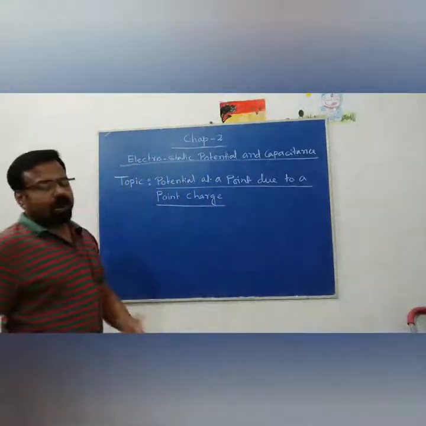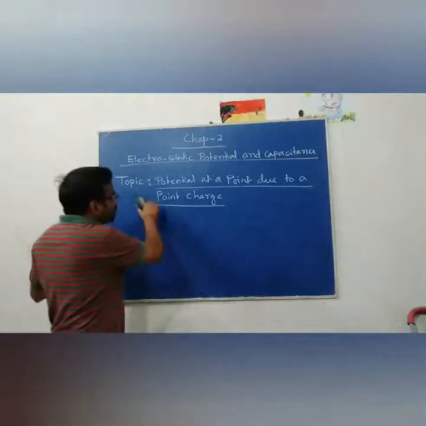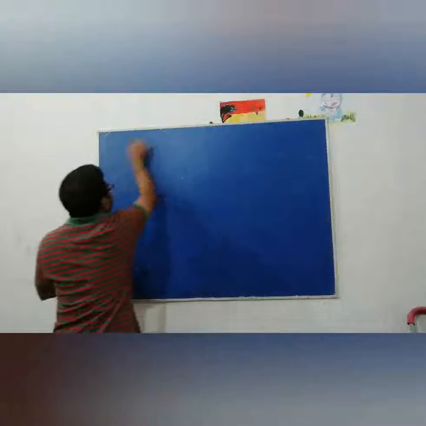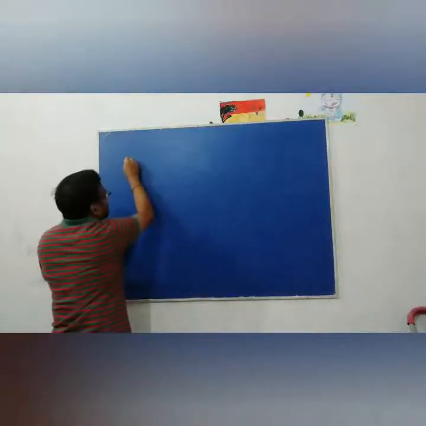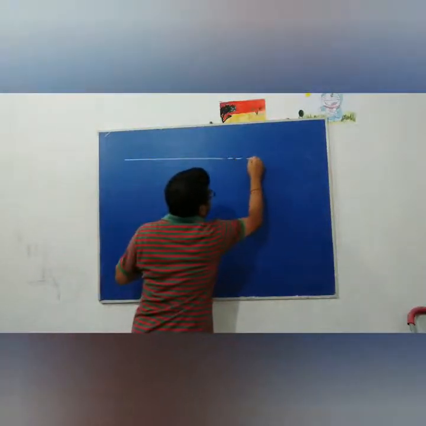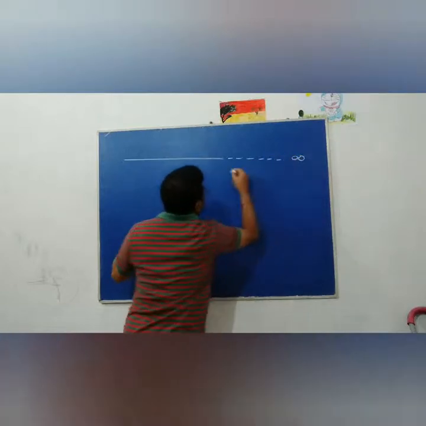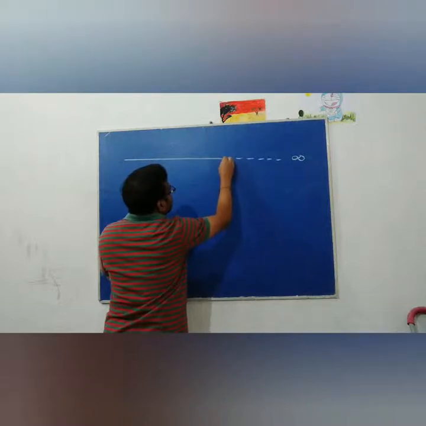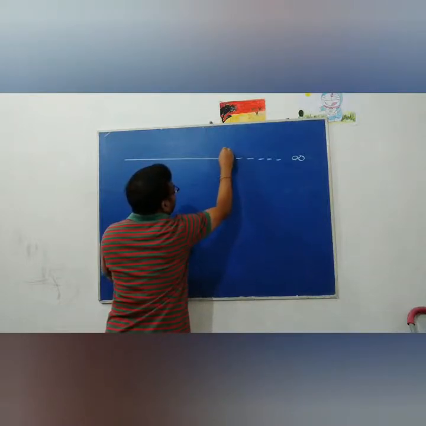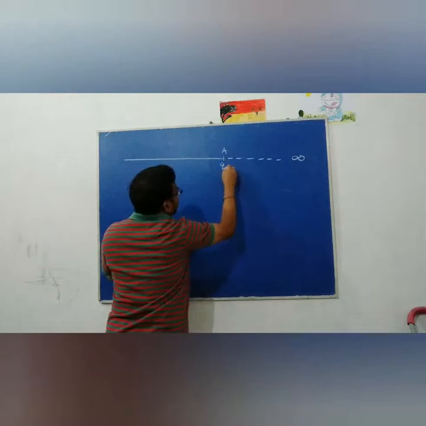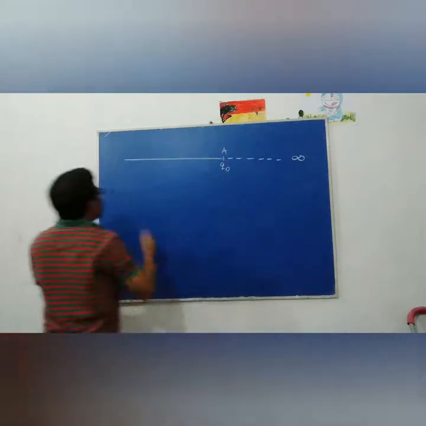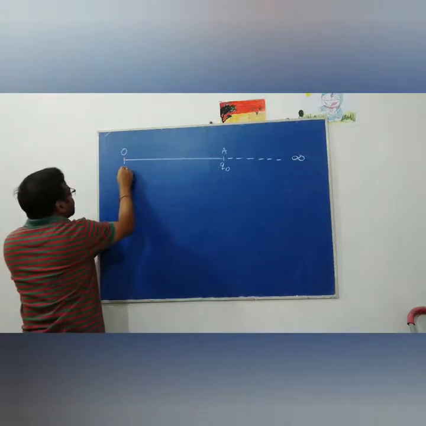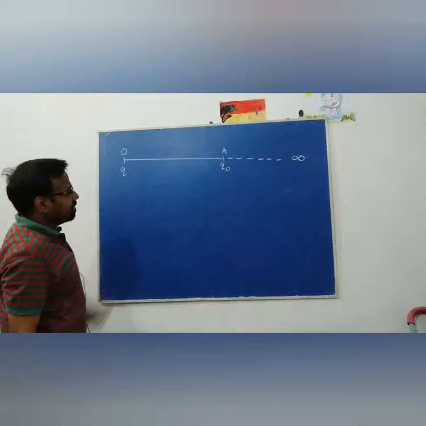To derive this one, I'm going to draw a diagram. See the diagram. So here we bring a test charge from infinity and we kept at point A, and this is the test charge Q0, and here at O a positive source charge Q is placed.